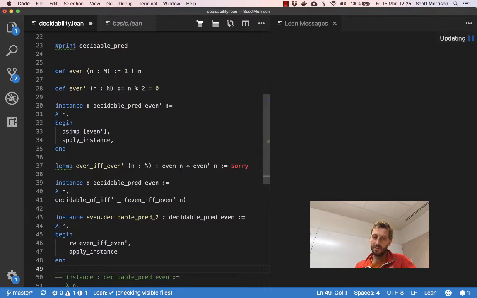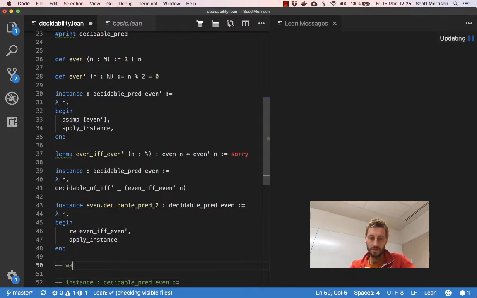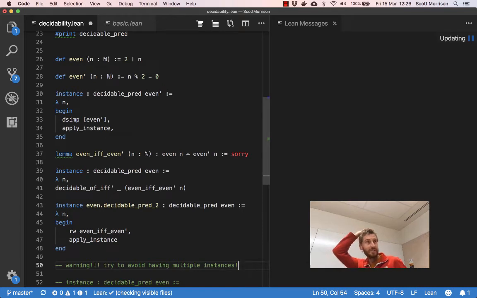Even that, though, is a little bit dangerous. Because of the way type class inference works, when you ask it to provide instances of something, Lean will just go and grab the first available one it can find. And in different circumstances, it will find different ones. We saw this in the discussion around question 4 last time, when that annoying commutative semi-ring business made us use funny operations on the natural numbers.